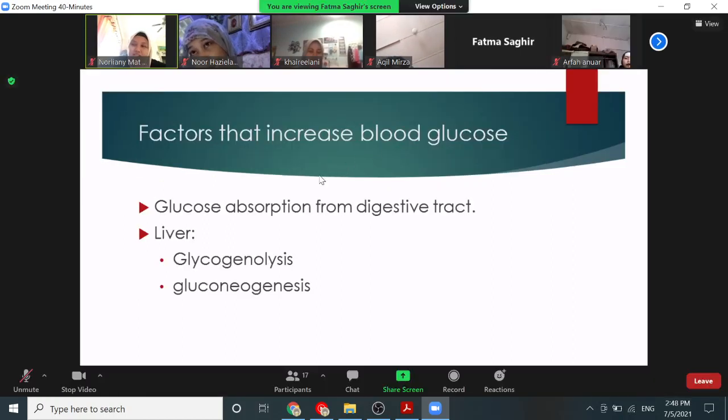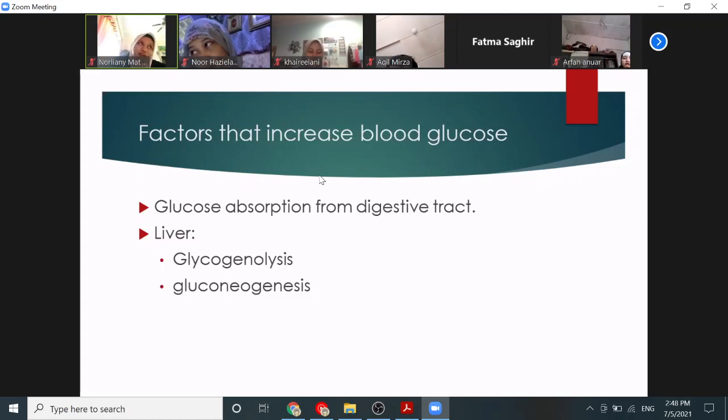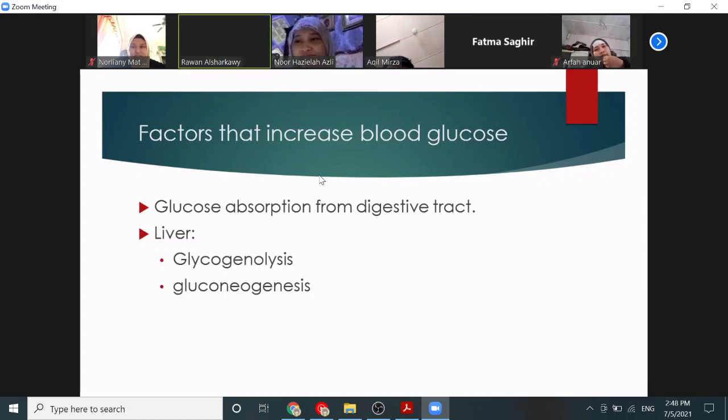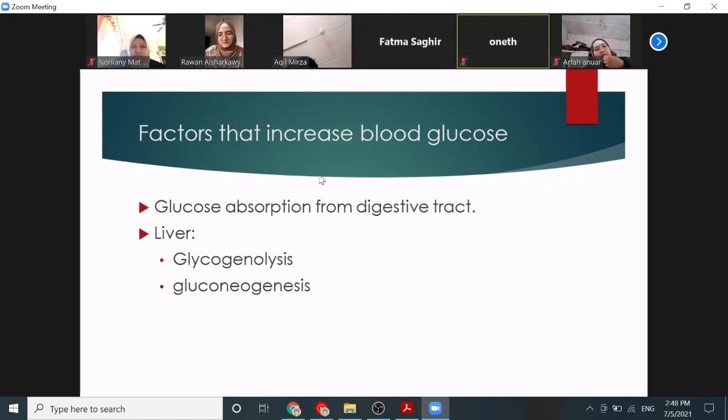So what normally can increase your blood glucose? Thyroid hormone. Okay, who can try? Maybe stress. Something else? Your answer is all correct, but I need something else. Aynan, can you try?